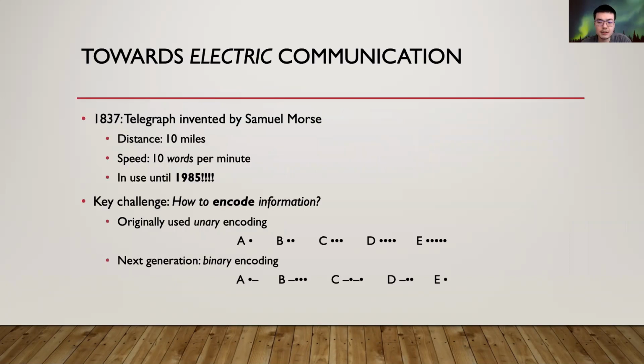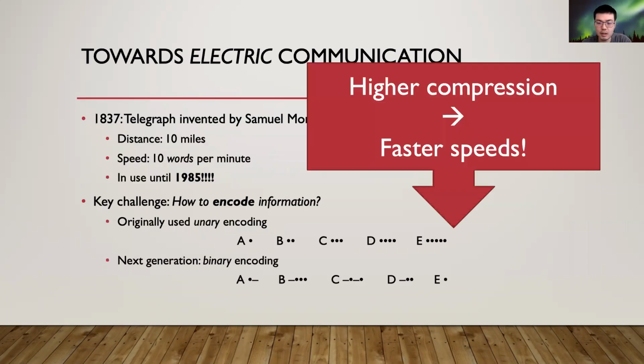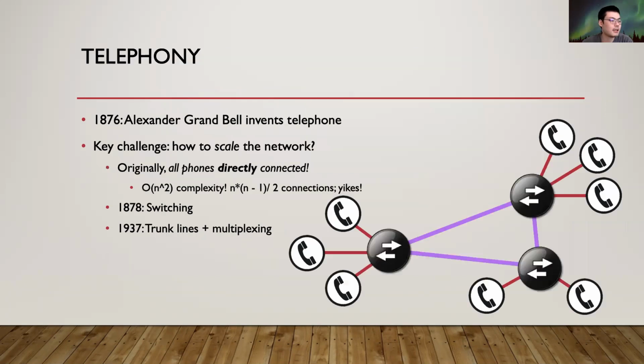So last time we talked about the Morse code, right? And then we stopped right here at the telephony. And we talked about why the regular way of design is not a good idea, because, for example, if you have people you want to call each other, you can have a dedicated line, and connect everyone with everyone else.